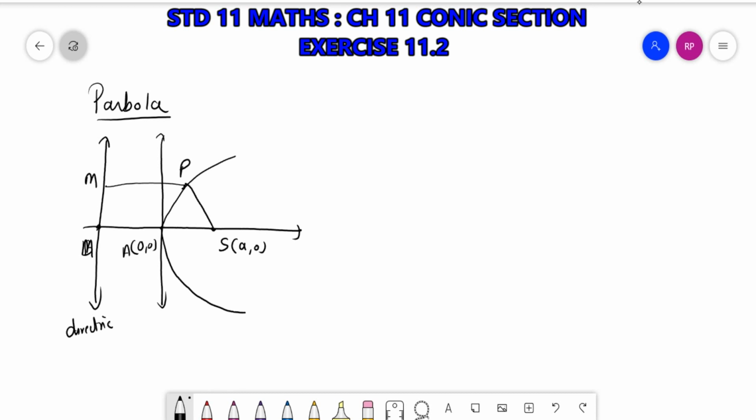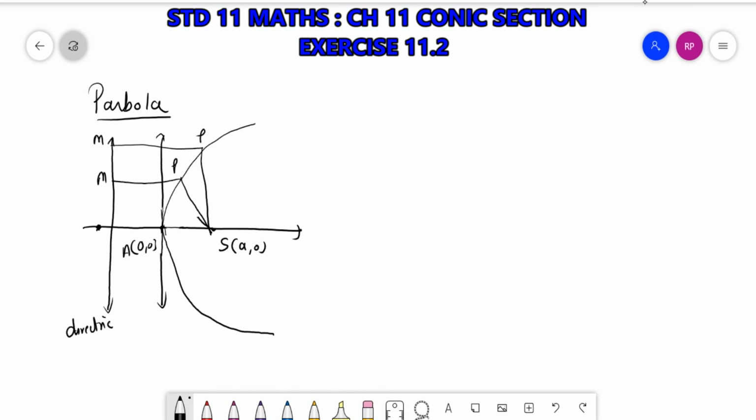Here, let me just make the figure clear. Now see, in every case, for any point on the curve, the ratio SP upon PM, that is called the eccentricity, will be equal to 1.